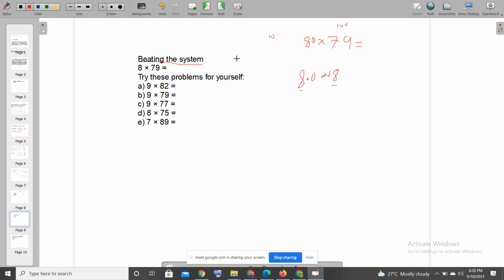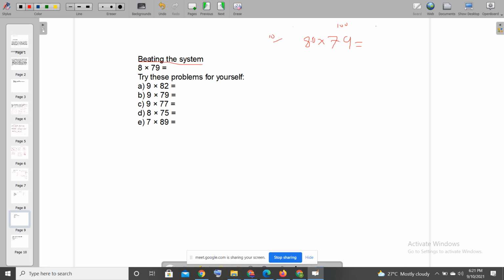Okay. So always what we are doing, always we want the easy way out. So any principle that you learn, you can borrow it somewhere. So if I write 8.0 now, I can decide to forget about the points and treat them as 80 and 79. So now if I want to use the reference number, I can decide to take 100.